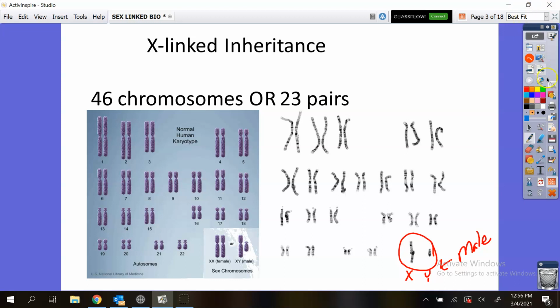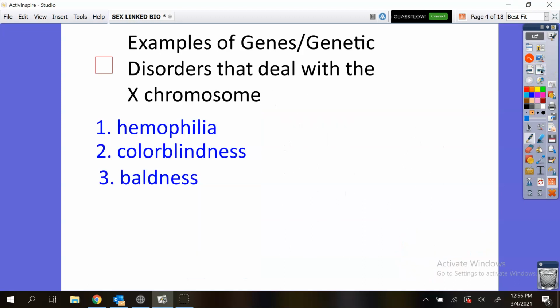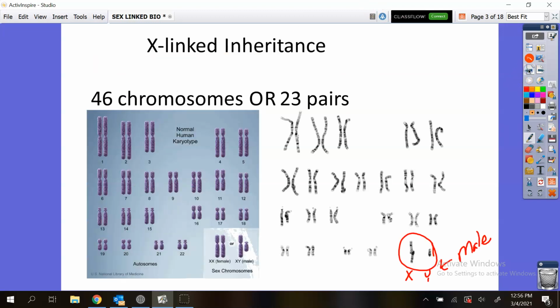Now, the reason why I'm reviewing all this is because there are certain genetic disorders or genes that deal with just the X chromosome here. Remember, it is a longer chromosome than the Y in comparison, and therefore there's more DNA and more genes on it.